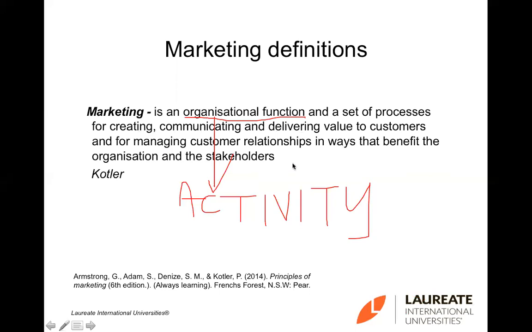Now that's another keyword that you also want to consider: relationship. In the olden days, back in the 1960s, Jerome McCarthy offered the first marketing definition. He defined marketing as the flow of goods and services from manufacturers to customers.